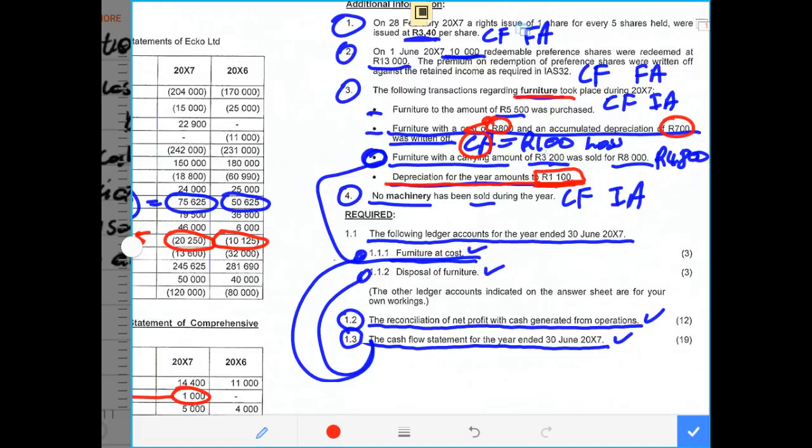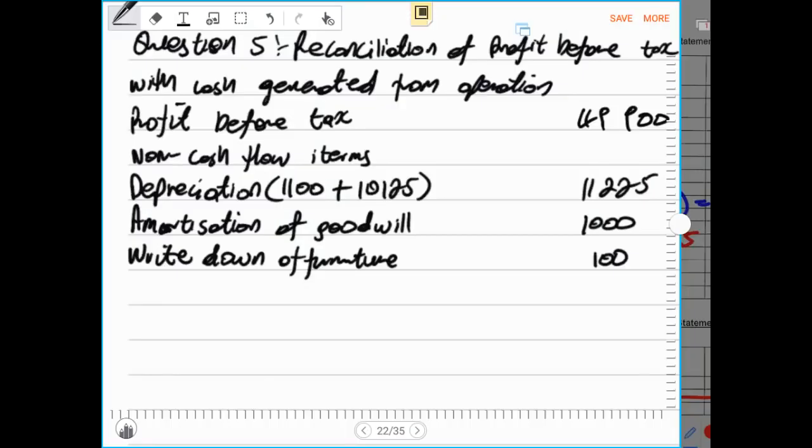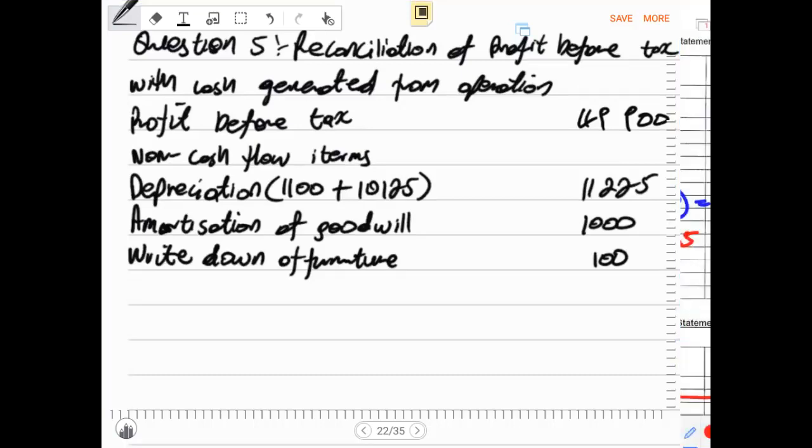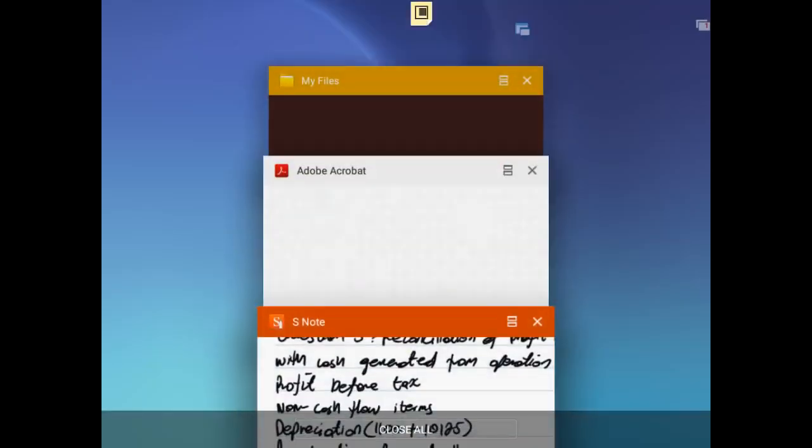We said the loss of 100 rand will be recorded as a non-cash item. That means the loss of 100 rand is the one we are reversing. Remember, a loss is an expense, and an expense reduces the profit. So we are reversing this loss because it is a non-cash item.